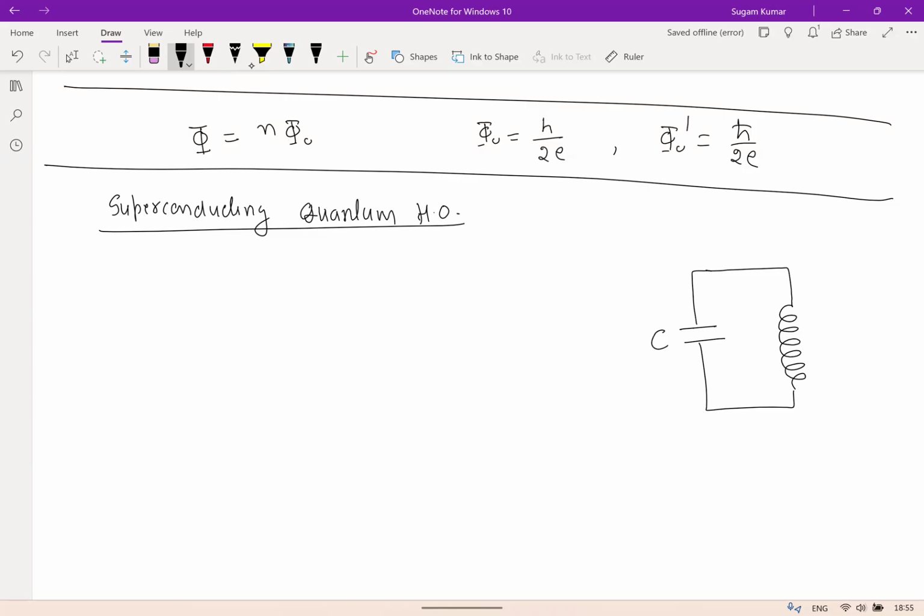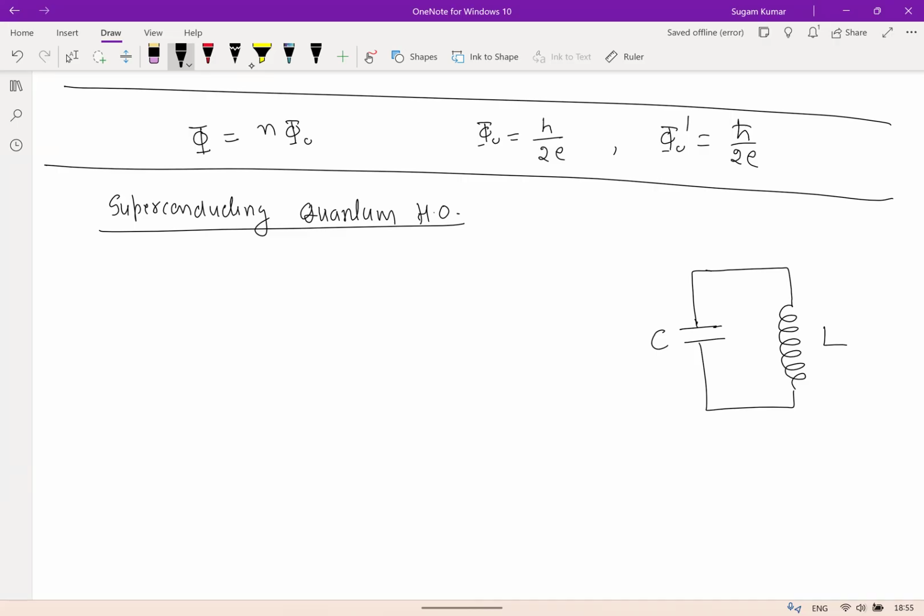So the capacitance and the inductance you will be having here, and I can produce some charge on the capacitor.